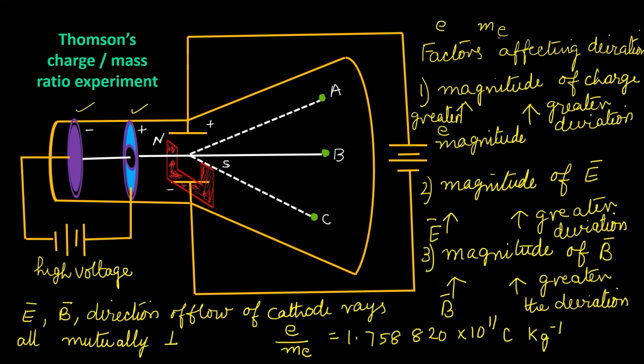That is the unit. This is the value that he obtained. Mass is taken in kilogram, electric charge is in coulomb. That is why the unit is coulomb per kilogram. I hope it is clear.